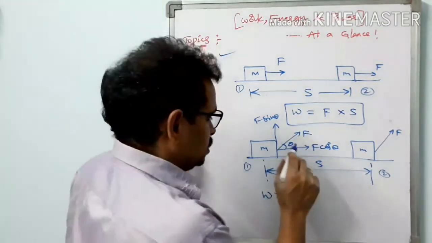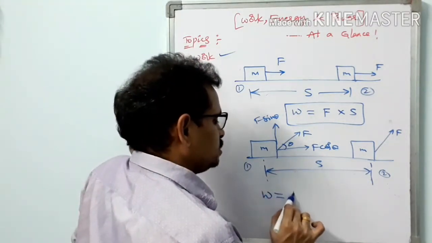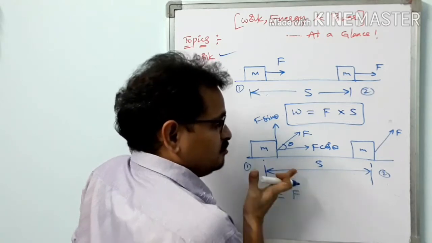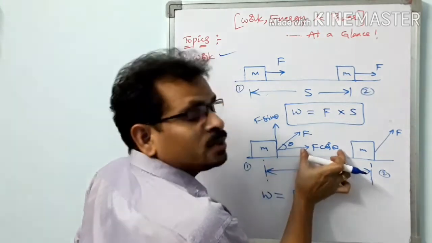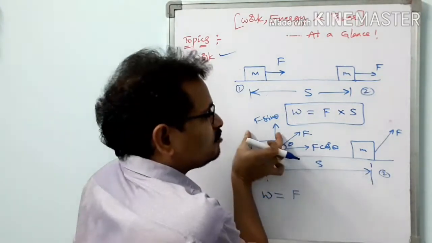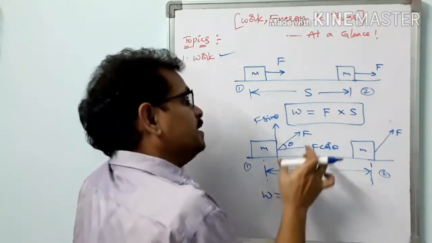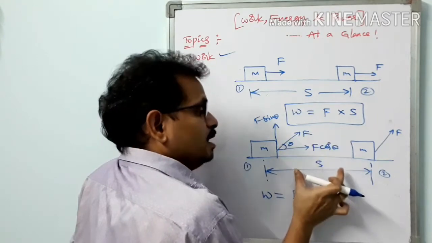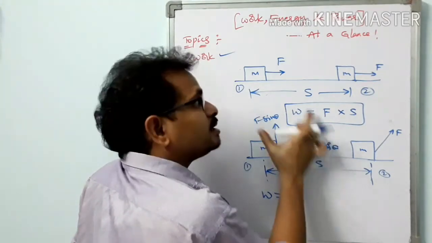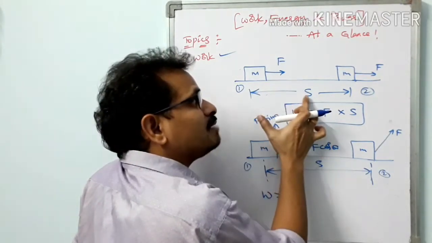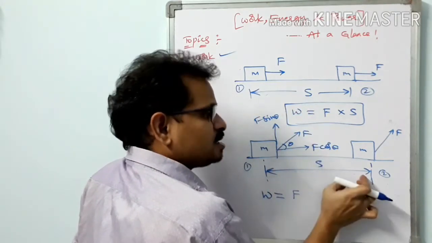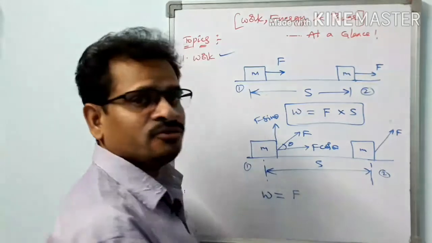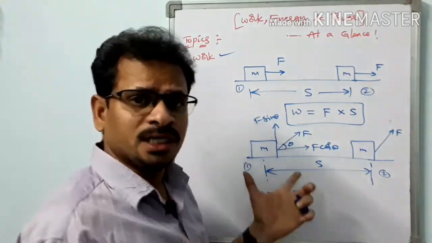Work is done due to this component of force alone. Unlike the previous case, where the entire force helps the displacement, here only this component of force is helping, and the other component has no role in this displacement.